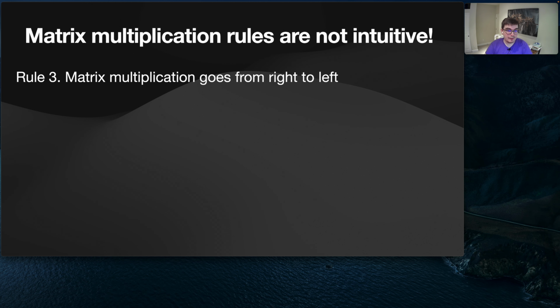So let's now look at the third rule. And it is that matrix multiplication goes from right to left. What does that mean?